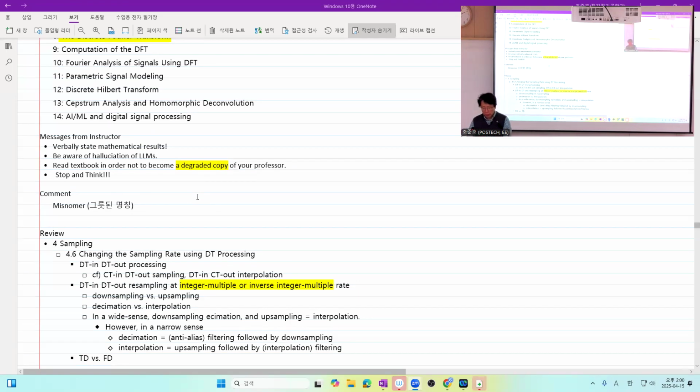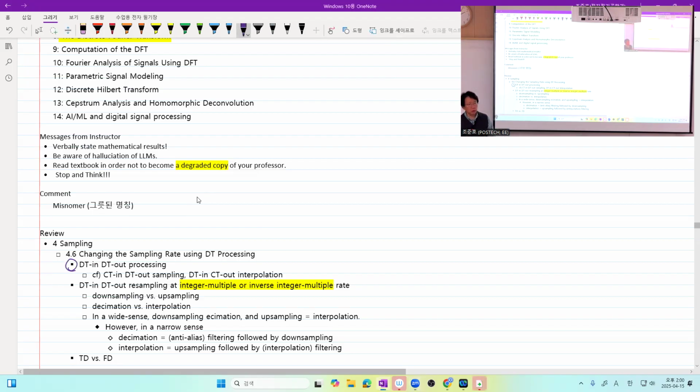So here, as the review shows, we did this one in the first part of chapter 4, where you had a continuous time signal, and there could be a single stage representation, but let's do the two-stage representation.